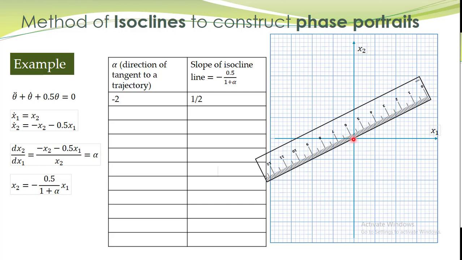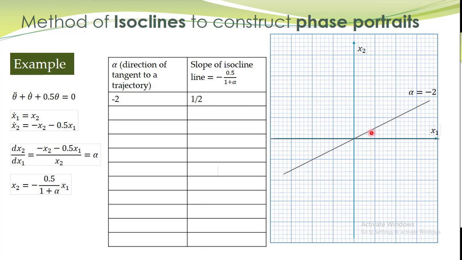I have placed one point here, and from this point on vertical 1 box, on horizontal 2 boxes, to get a line with slope equal to 1 by 2. So draw this line. This is the line. On this line, what is the slope of trajectories? That is alpha equal to -2.